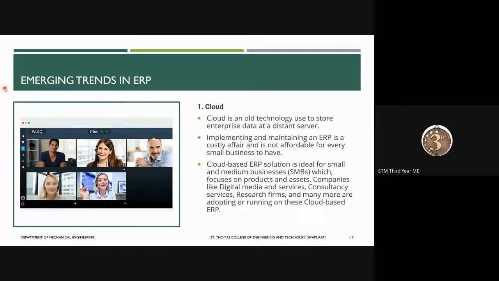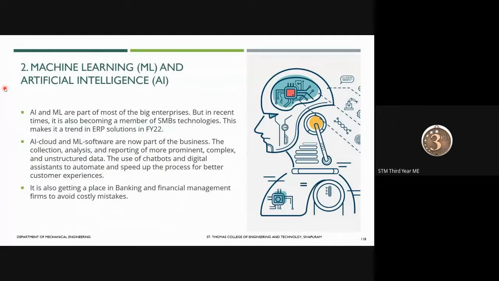Hence, medium businesses are employing the cloud system for storage of data or for data warehousing. So this is one of the trends involved in ERP. Next one is machine learning and artificial intelligence.